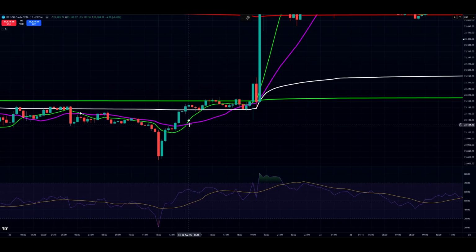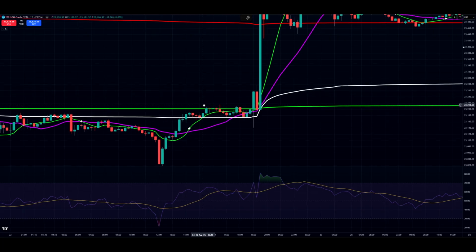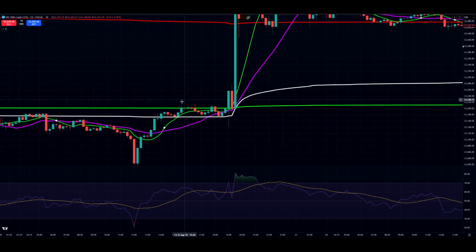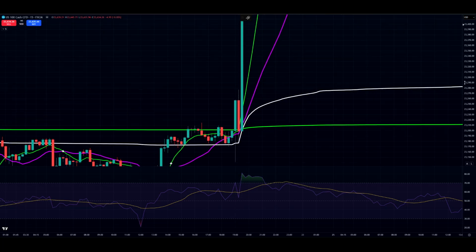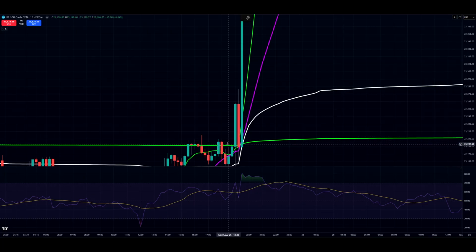The breakout had happened earlier. The price moves back. This is the opening candle, moves back above the AVWAP on the opening candle. The next candle is a pullback one, holds kind of exactly on the AVWAP.